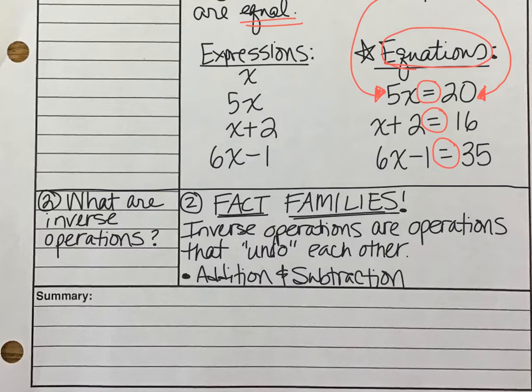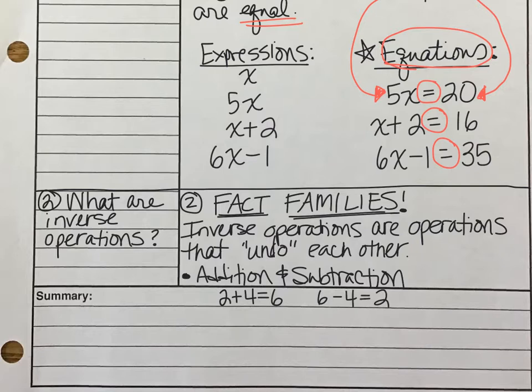And the reason is because addition and subtraction undo each other. So we might have an addition sentence that looks like this: 2 plus 4 equals 6. But we can turn that addition sentence around into a subtraction problem and say 6 minus 4 equals 2.